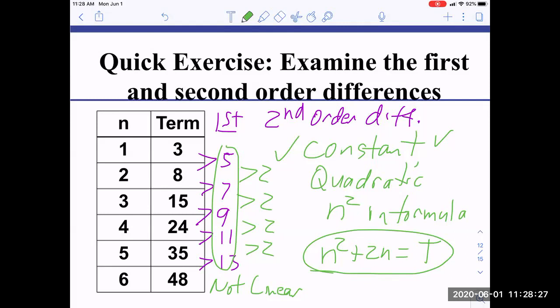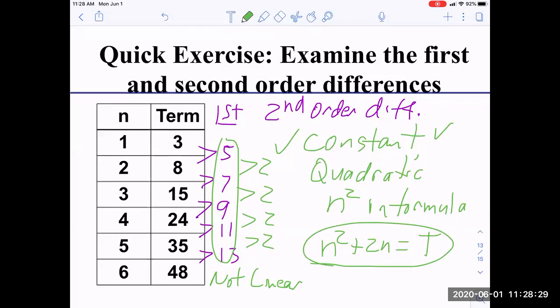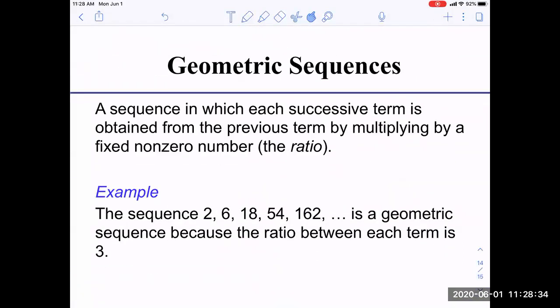Let's finish this up. Geometric sequence. So we've done arithmetic, looked at quadratic a bit. Geometric, introduced this because of this word ratio. So if I look at successive terms, meaning 6 and 2, and I do 6 divided by 2, that's my ratio, I get 3.